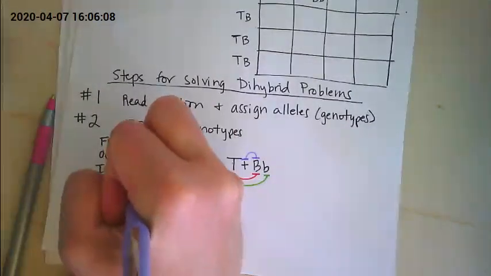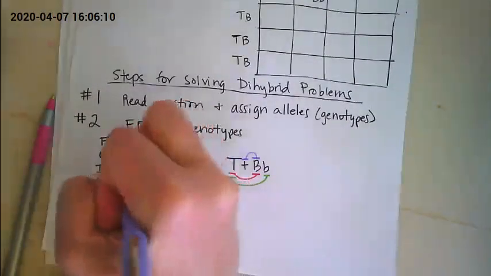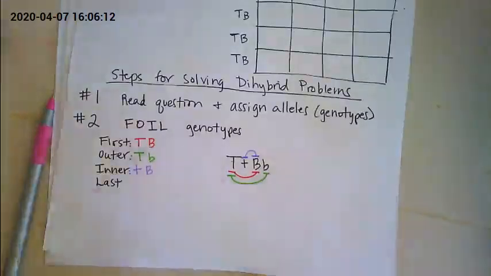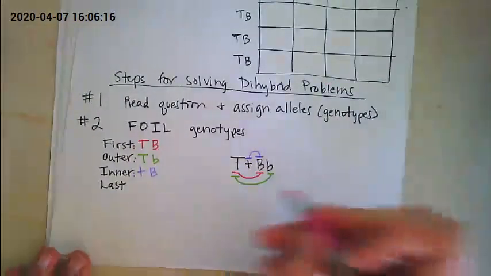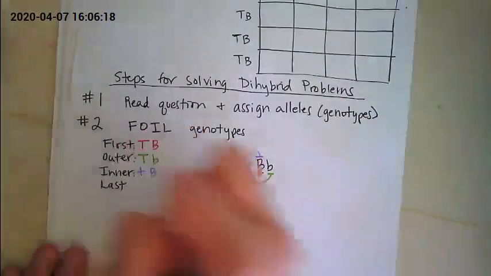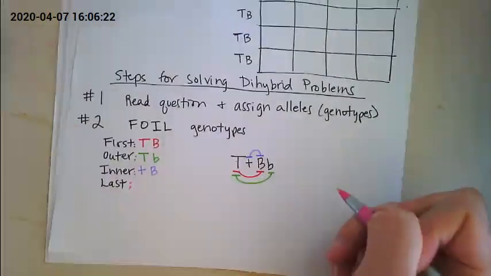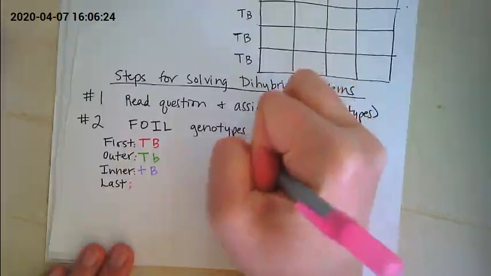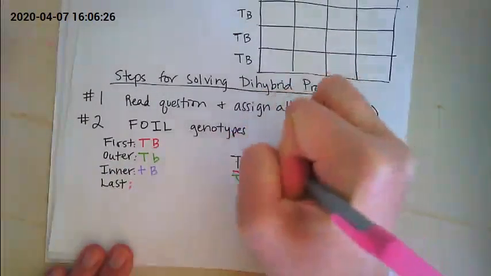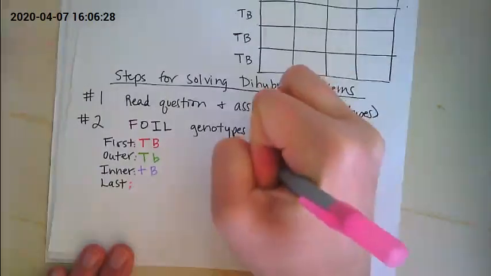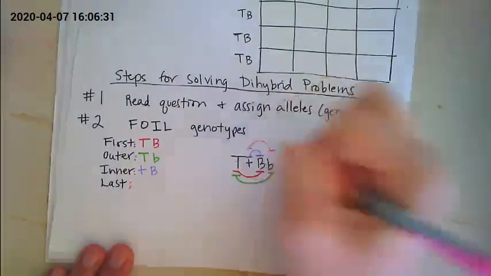So we've got a little t and a big B. You probably think I'm a big B, but hey. All right, and then we're going to do the last letters of each genotype. That would be the little t and the little b.